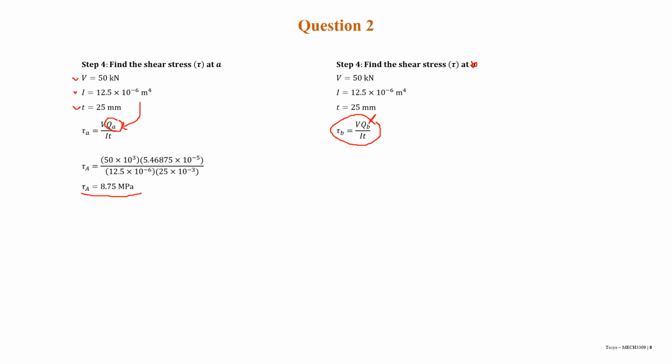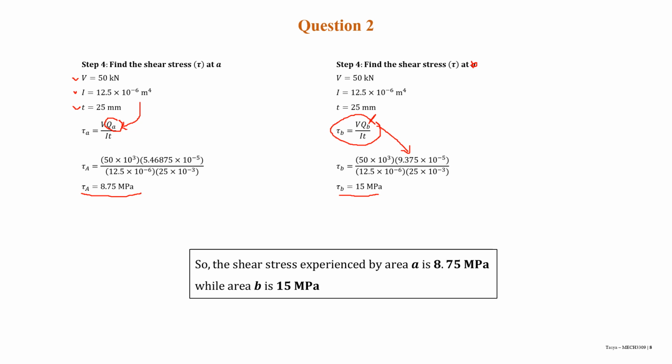The QB is obtained from the previous step. We put QB here as 9.375 times 10 to the power of minus 5. So the value of shear stress obtained at point B is 15 MPa. So the shear stress experienced by area A is 8.75 MPa, while area B is 15 MPa.